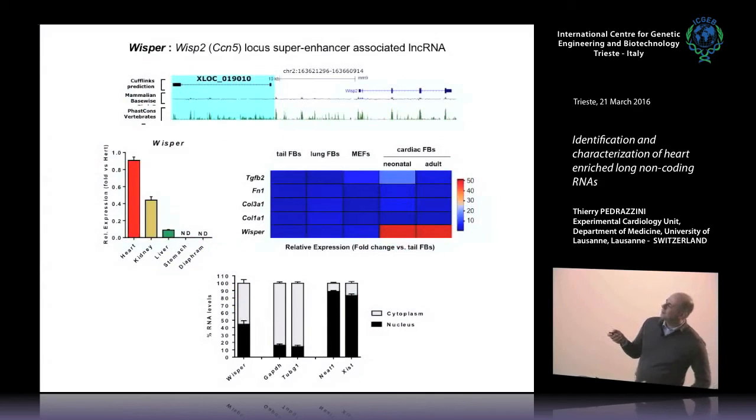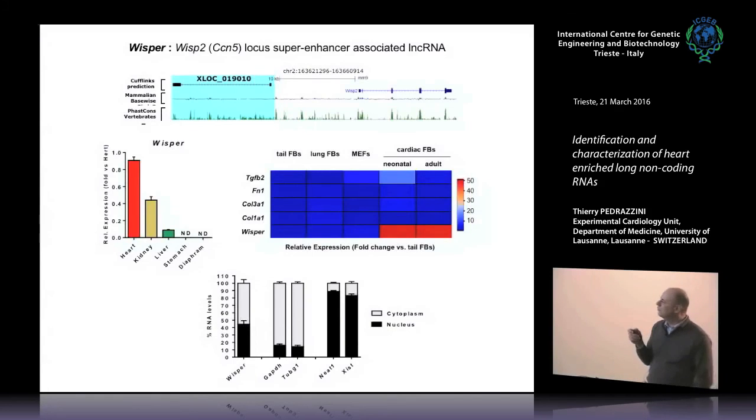Now, what you see here is, we have called this gene WHISPR because it's in the WISP2 locus. This is anecdotal. You see that it is highly expressed in the heart as compared to other tissues.